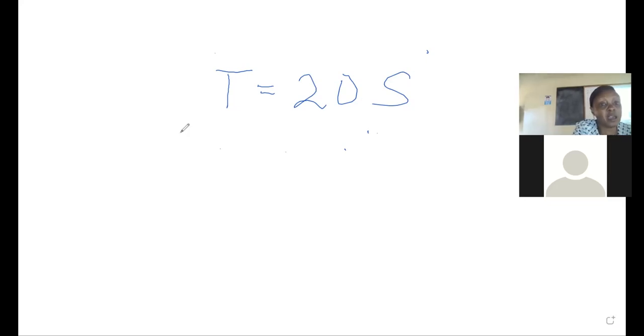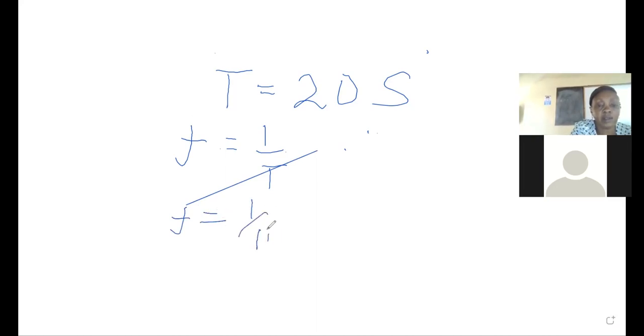And he goes ahead and says F is equal to 1 over T. That is the formula. Substitute: F is equal to 1 over 10. That was his period.